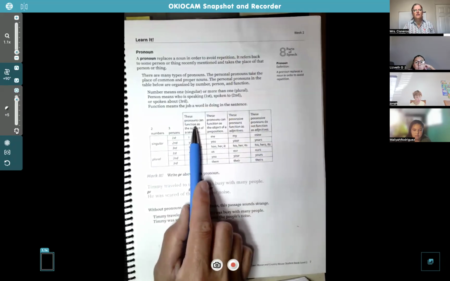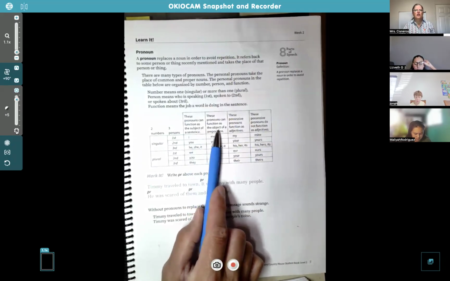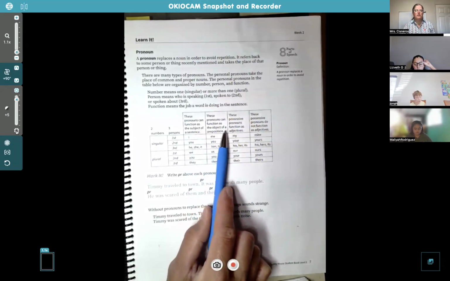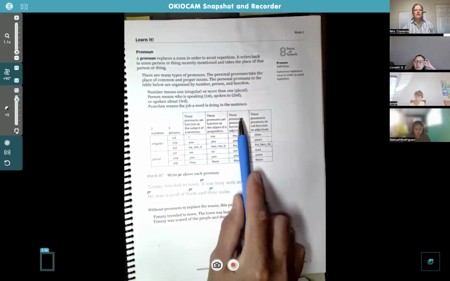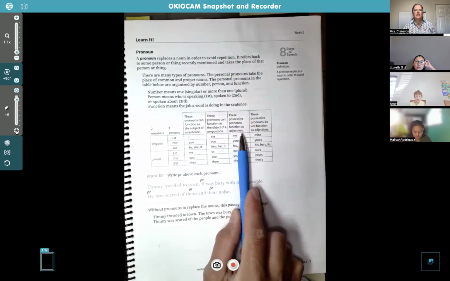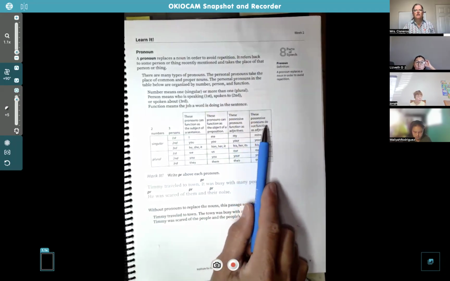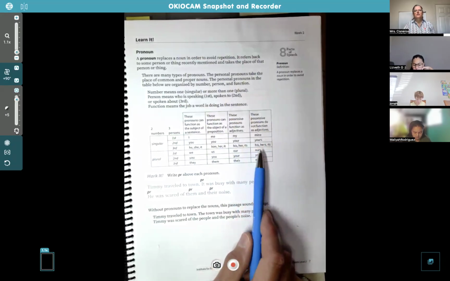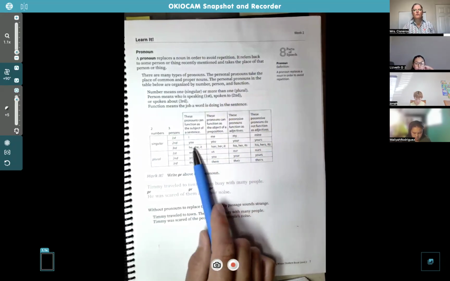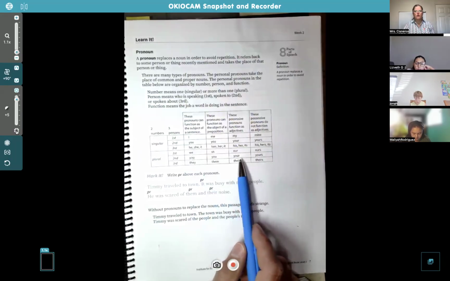By the way, these are different ways in the sentence. Like, this is talking about the subject of the sentence. This one's talking about the object of the preposition. And then they function as adjectives, and these are possessive pronouns that do not function as adjectives. So it's just different ways in the sentence, and we'll talk about that more as we go through the book.